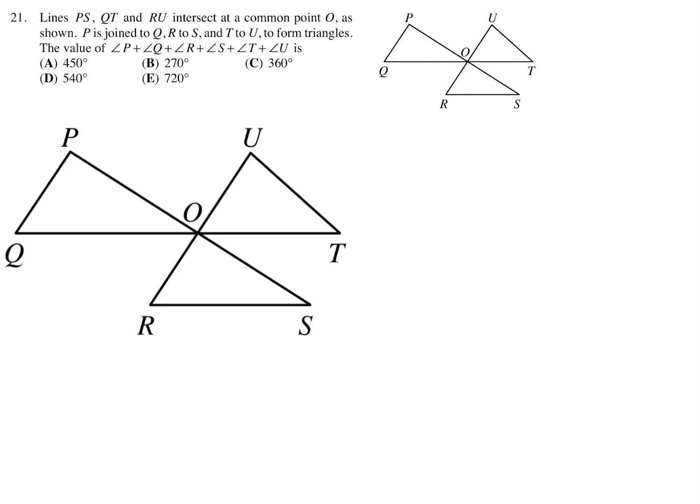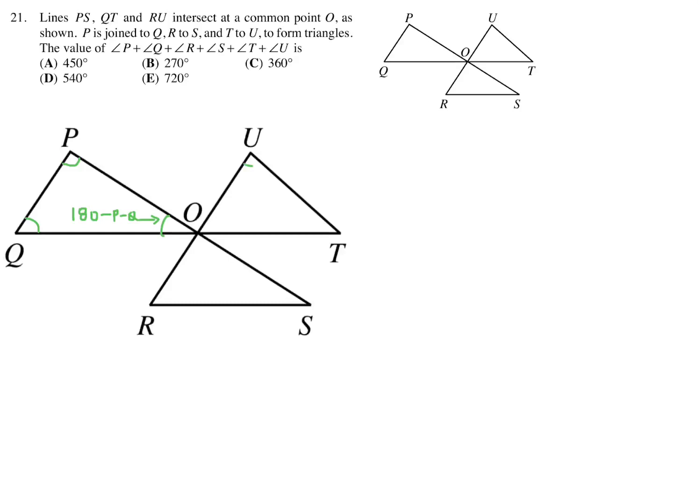So here we have our diagram. This is angle P, this is angle Q. So since the sum of the angles of a triangle equals 180, this will be 180 minus P minus Q, that angle.